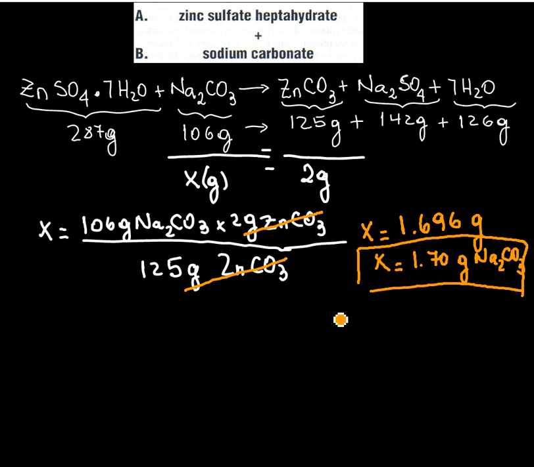But now we are going to do the same thing, but instead of calculating the mass of this one, we are going to calculate the mass of this one, okay? So what I'm going to do is to pause and erase all these so you don't get confused.